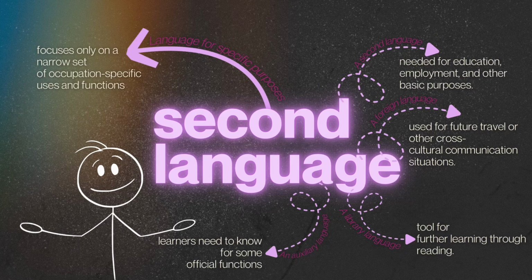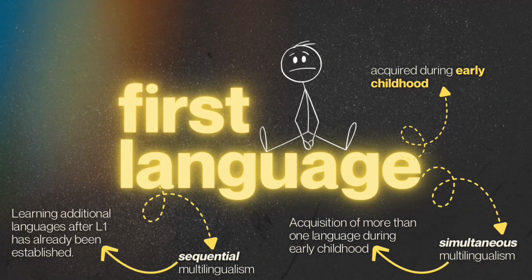Finally, we have an auxiliary language, which is the one that learners need to know for some official functions, or will need for purposes of wider communication. We also have a language that is used for specific purposes that basically focuses only on a narrow set of occupation-specific uses and functions.